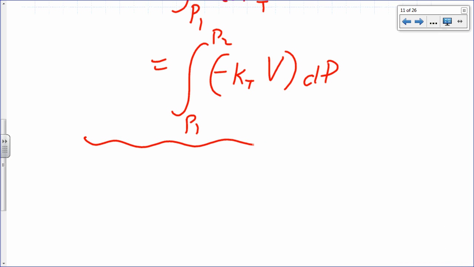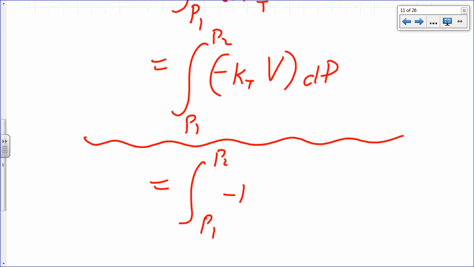So up to here, that's generic. Okay? It doesn't have to be an ideal gas. It doesn't even have to be a gas, if you know what kappa is. But if it's an ideal gas, what would it be? P1, P2, negative. What's kappa? 1 over P times V dP. Okay?